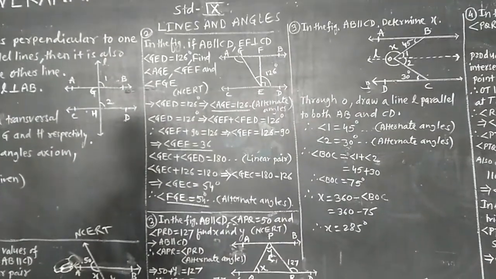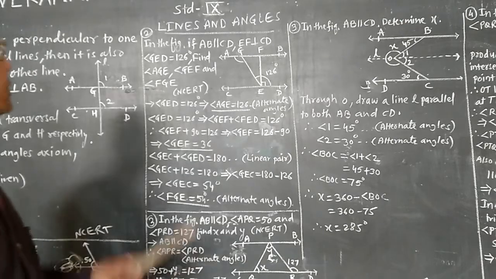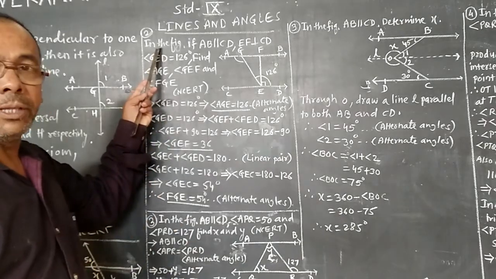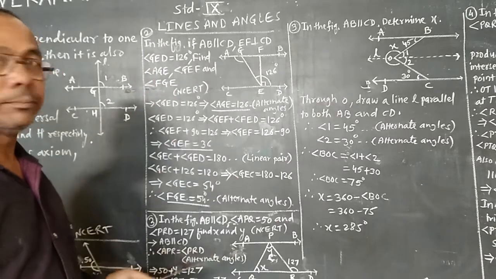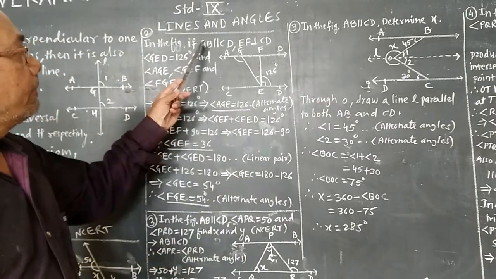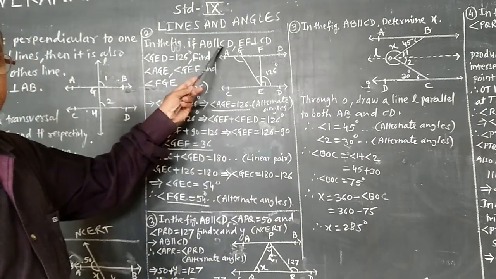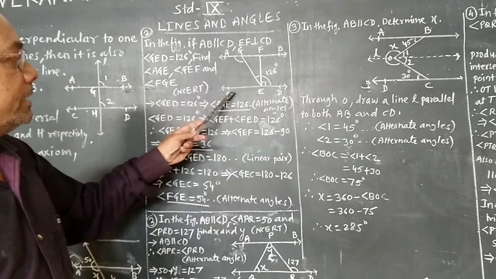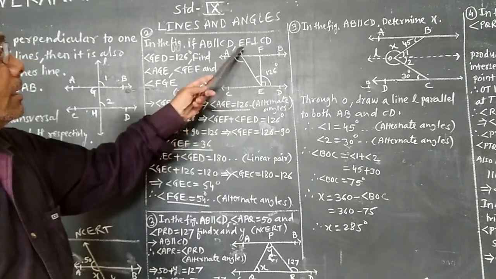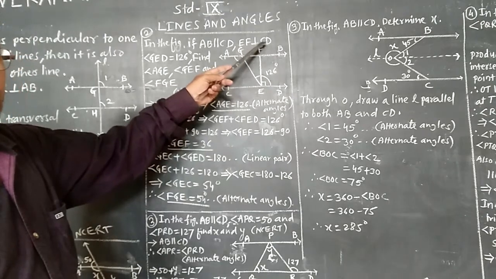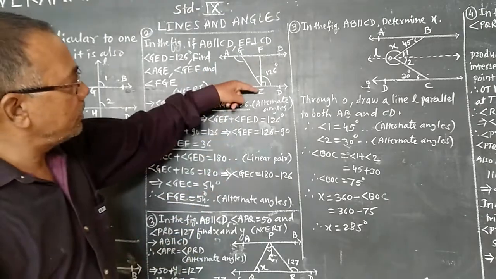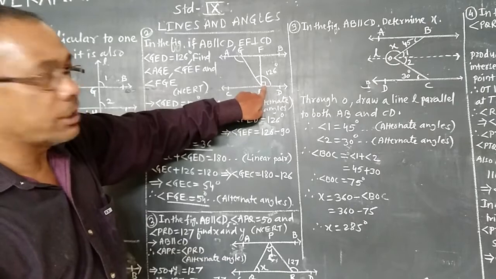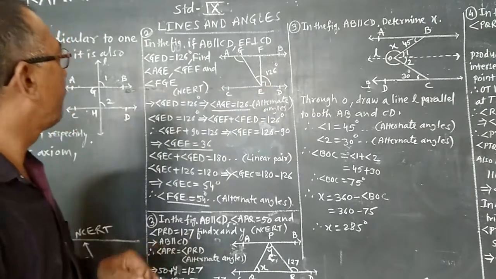Now we will see the second example. In the second example it is given that in the figure, AB is parallel to CD, both the lines are parallel, and EF is perpendicular to CD. Here EF is perpendicular, and therefore this angle is 90 degrees.